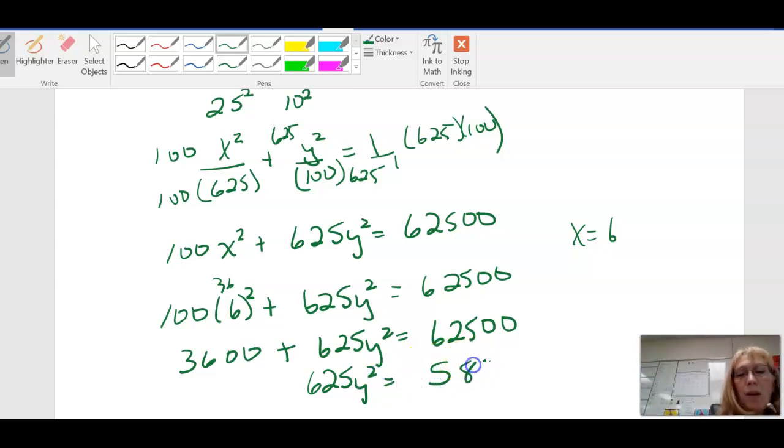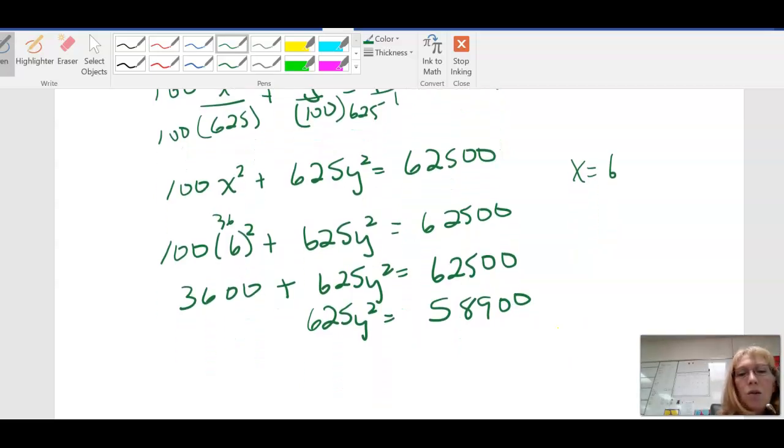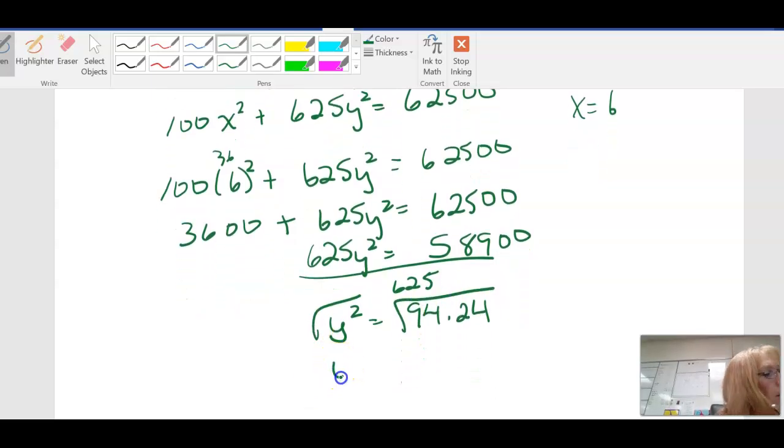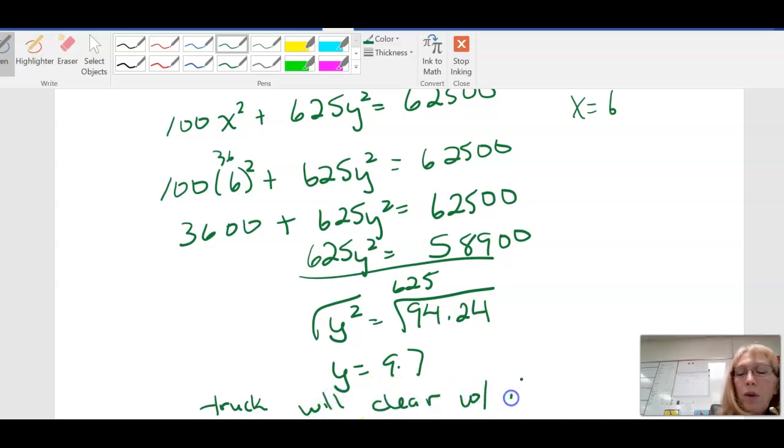I'm pretty sure that's 58900. Divide by 625. So now y squared equals 94.24. Take the square root of both sides, and you get y equals 9.7. So the truck will clear with 0.7 feet extra.